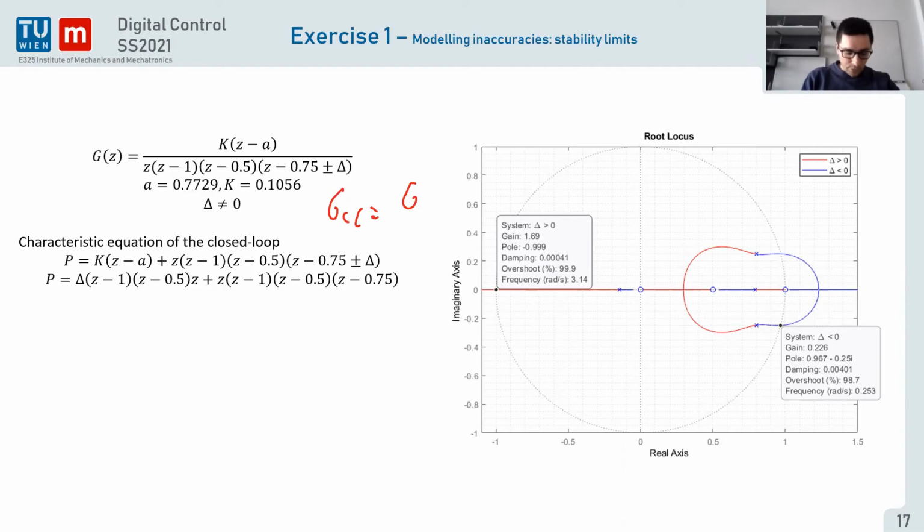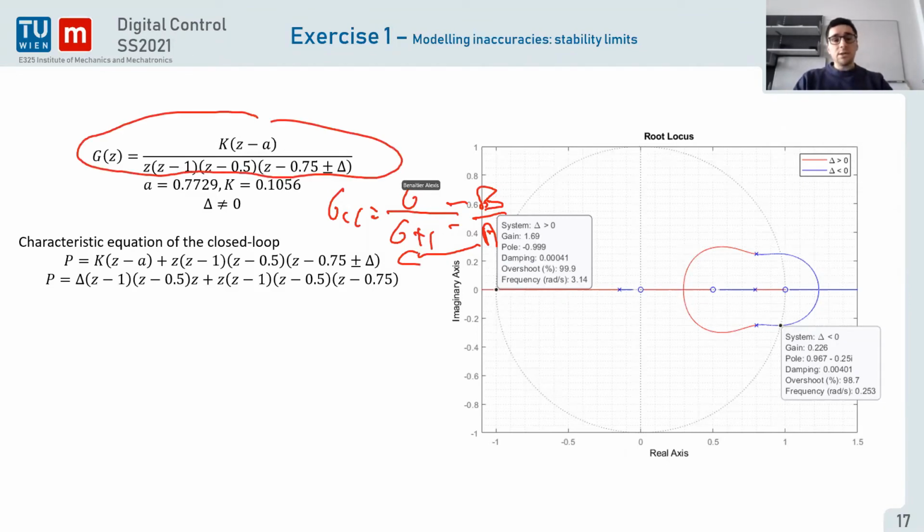So it's the open loop transfer function divided by J plus 1, okay? And the characteristic equation, if you just write this as B over A, will be this polynomial here. So it's the denominator plus the numerator of the open loop here.